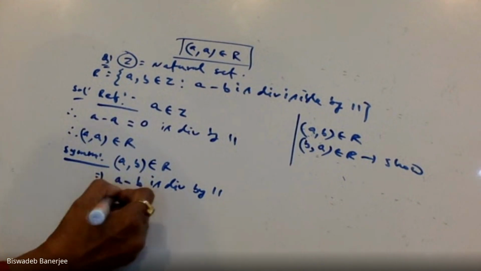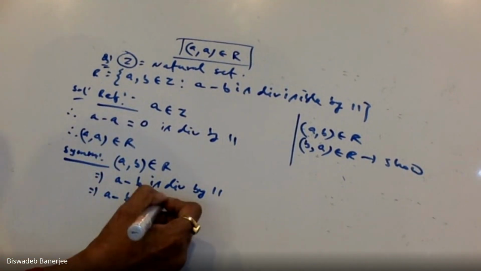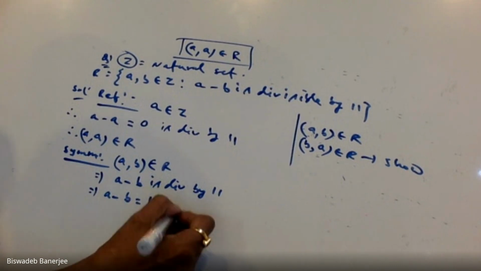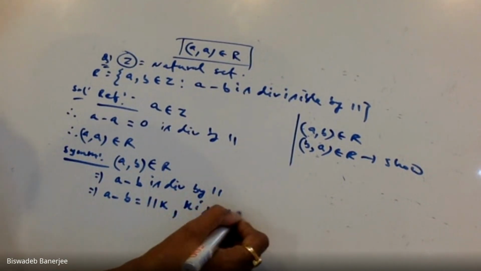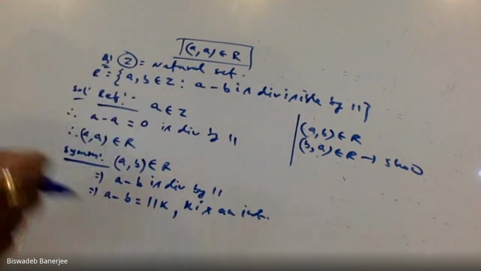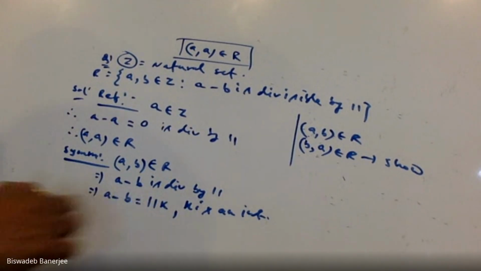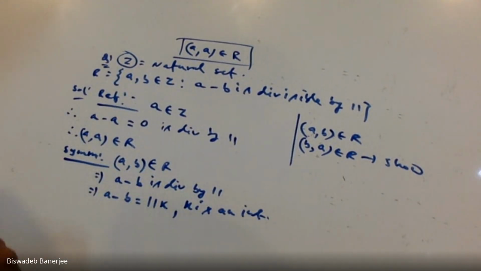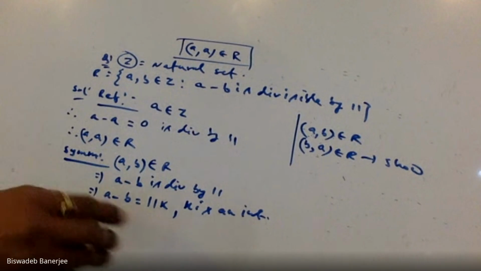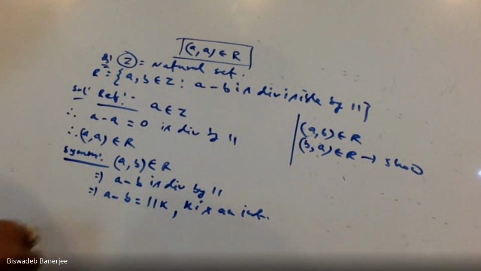Now divisible by 11 means we can write a minus b equal to 11 into some k, where k is an integer. Why? Because divisible by 11 means it is a multiple of 11. For example, it can be 11, 22, 33. Any multiple of 11 can be written like this, 11 into some k, where k is an integer.